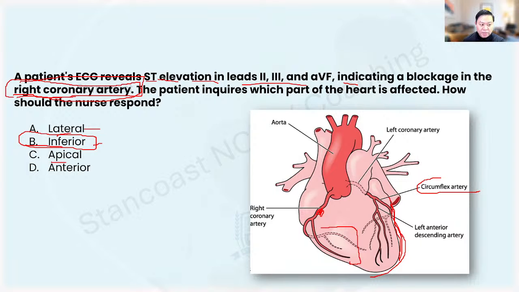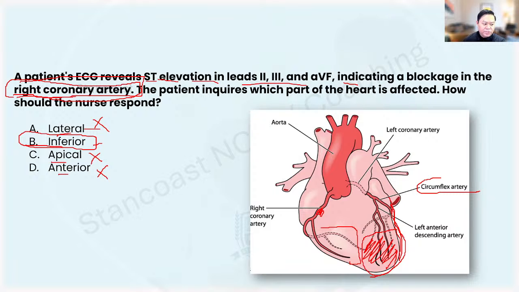If we are talking about the apical type of MI, this gets the blood supply from the LAD again, and it doesn't branch off from the right. So that's why this is also a wrong option. Same thing with letter D, the anterior wall, which gets blood from the LAD as well. So that's why it's going to be an incorrect answer.